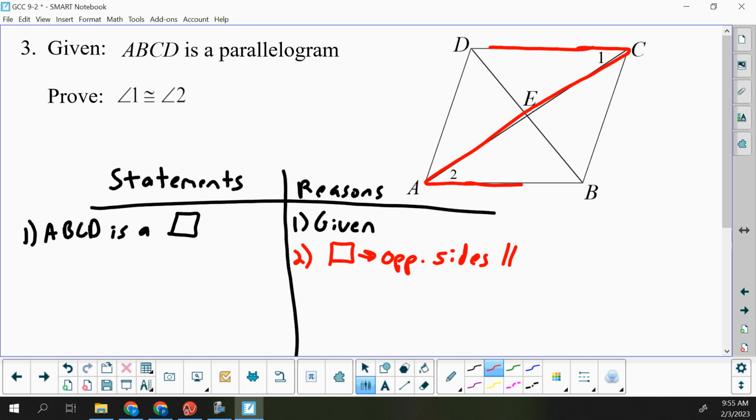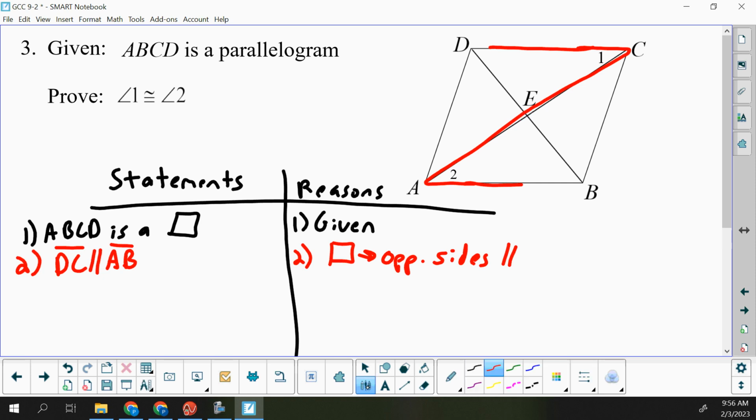Now, we can get two pairs of opposite sides parallel, but for what we need, we just need the ones that are going to be part of our zigzag. So the only ones we really care about for this particular proof is that DC is parallel to AB. But again, you could get both sets parallel if you felt you needed them.